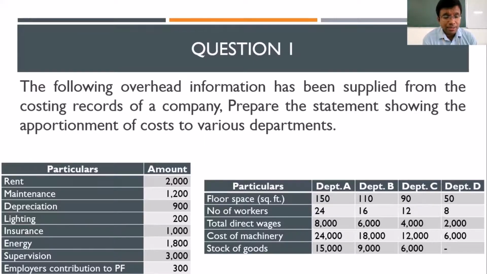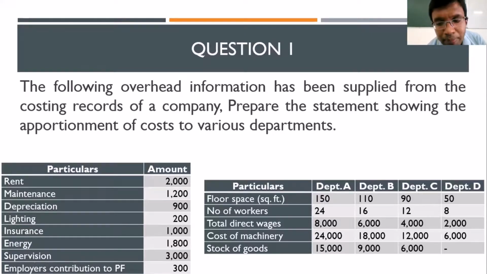An example that I can pick up is that of lighting. For example, for lighting you're spending 200 rupees. This lighting expense of 200 rupees is for all the 4 departments put together.